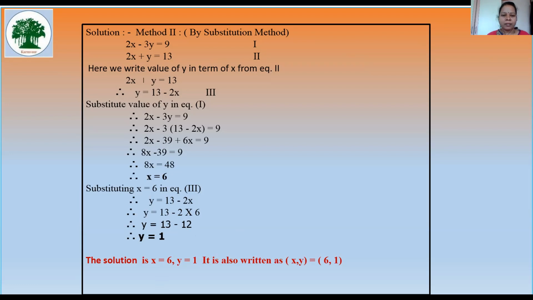From this we can say that for any mathematical example, if we change the method of solving, the answer cannot change. So by the equating coefficient method, the answer is x is equal to 6, y is equal to 1.